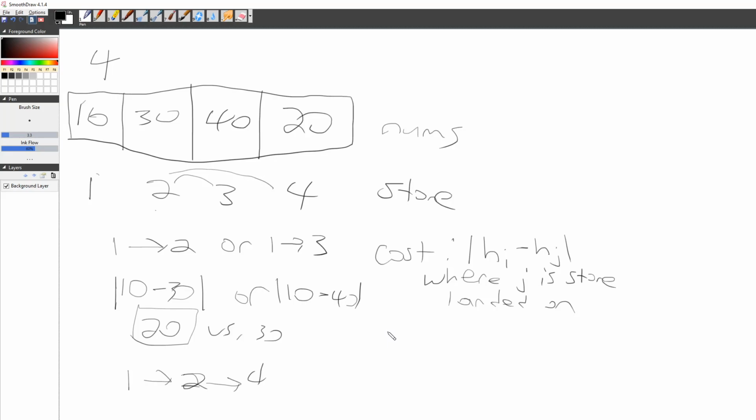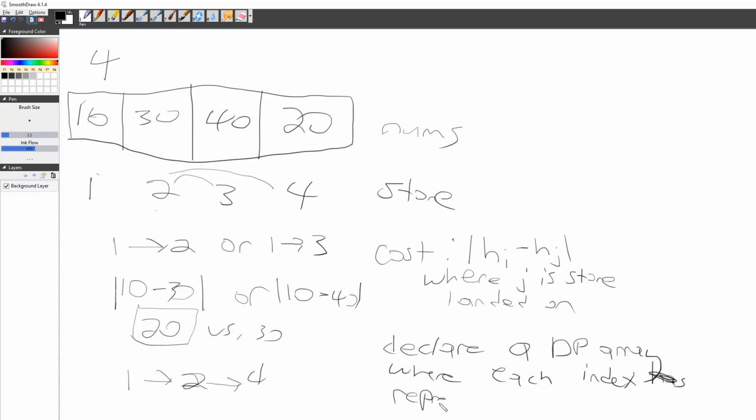And because it's a dynamic programming contest, you can kind of notice that we should declare a DP array where each index represents minimum cost. Okay, like that's just what we need to do here.